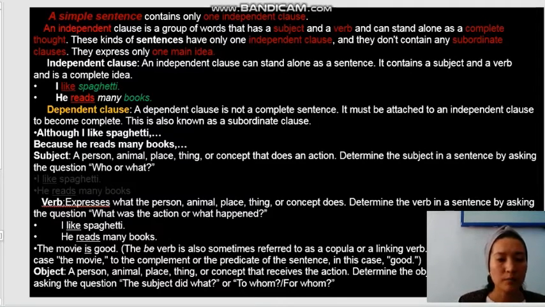For example, although I like spaghetti, so we should continue the sentence. Because he reads many books, so as it is known, these sentences depend on something to be completed.